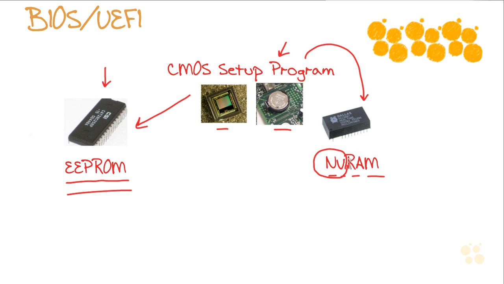So non-volatile RAM means that if the thing loses power, those settings will be saved. We'll have a nugget on RAM, random access memory, and this is where stuff is stored that you're working on your PC. And the problem with RAM is if the PC loses power, you lose everything in RAM. So this is special kind of RAM that can retain its information when there is a power cycle.